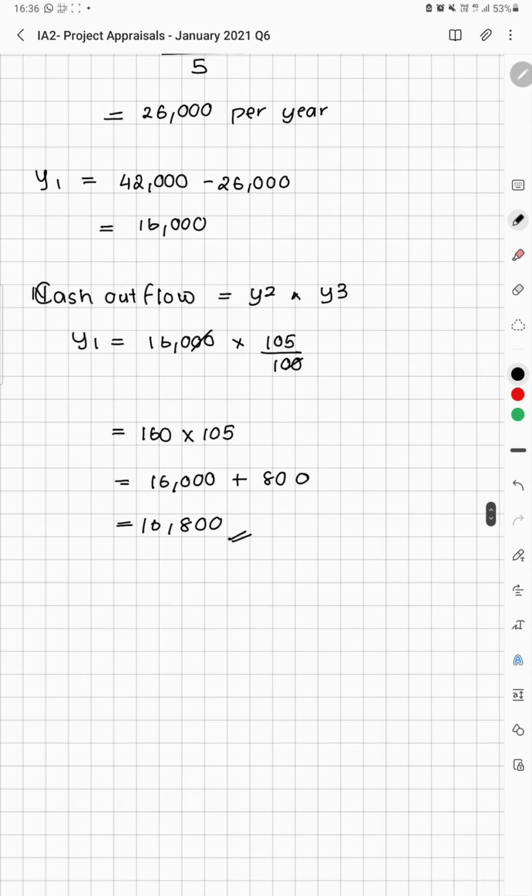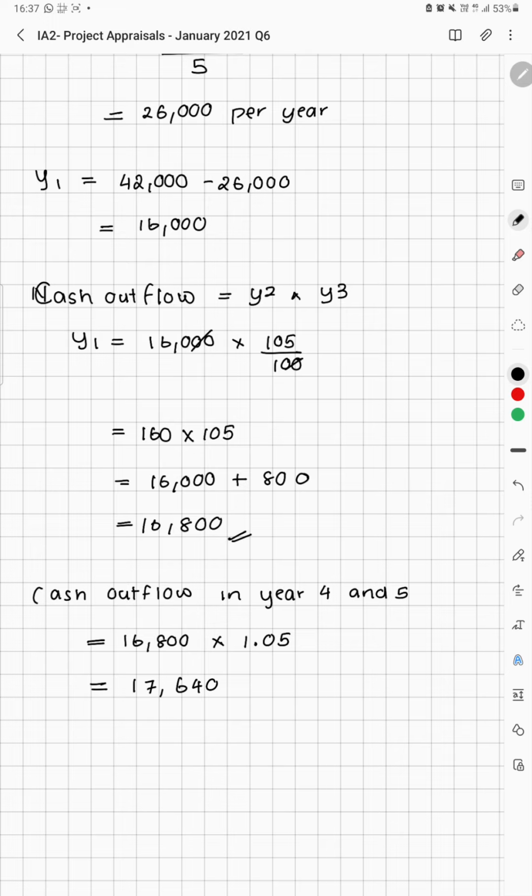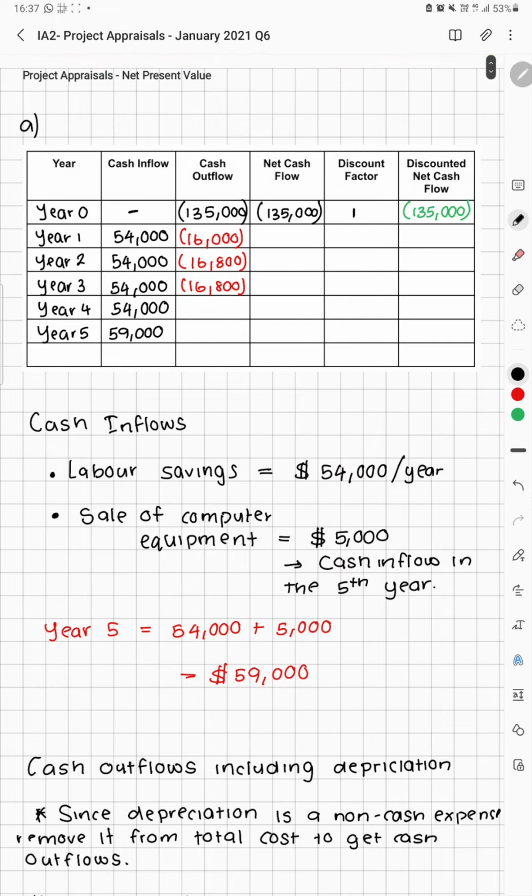So cash outflow in year 4 and 5 will be equal to 16,800 into, so it's 5% higher, which means 1.05, or into 105 over 100. So that will be 17,640. So each year we have outflow 17,640.